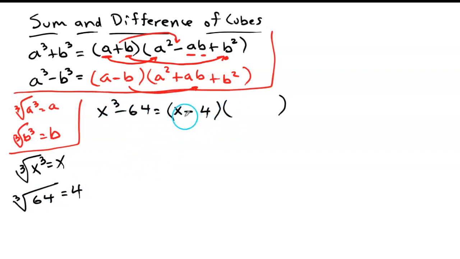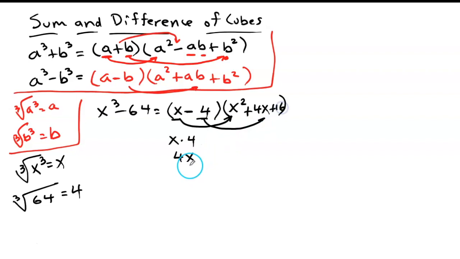Second parenthesis depends on the first one. That to the second power. Change the sign. First times the second, x times 4. You don't write x4, you write 4x. And the square of the second one, which is 16.